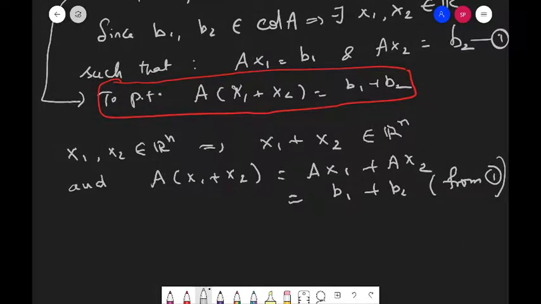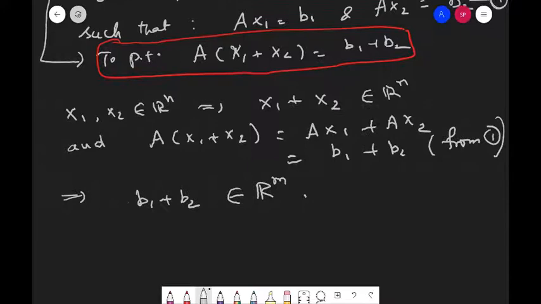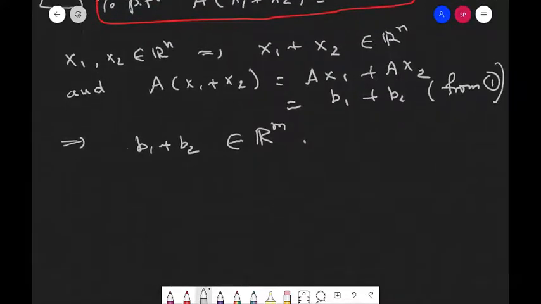Ax1 plus Ax2 is equal to b1 plus b2, which implies b1 plus b2 belongs to column A.